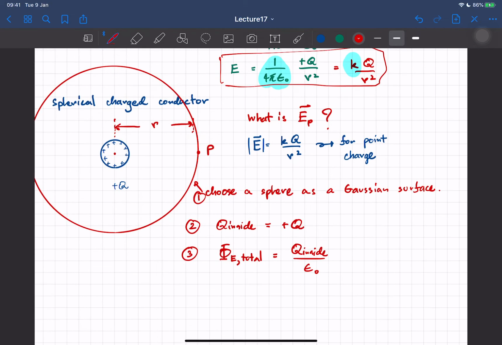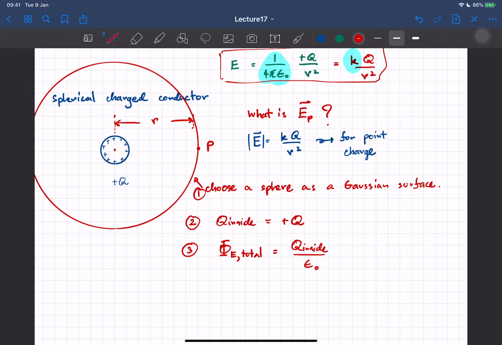And because we have the same symmetry, we apply all the reasoning that we did again in this question. That means we know that the electric field at point P must also point radially outward like this. If you choose a different point, maybe this one, then the electric field will also point that way.